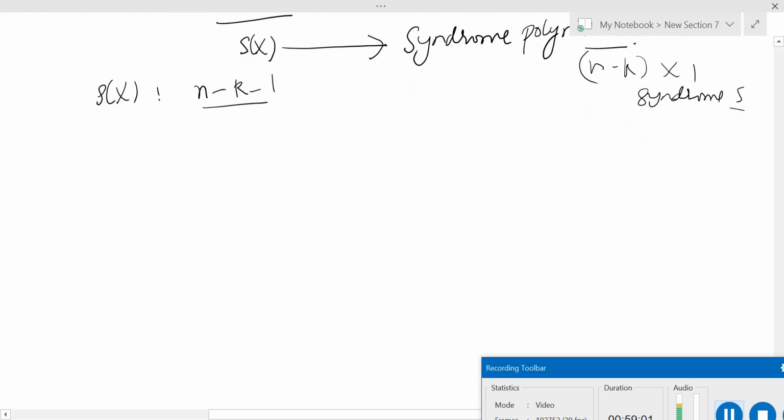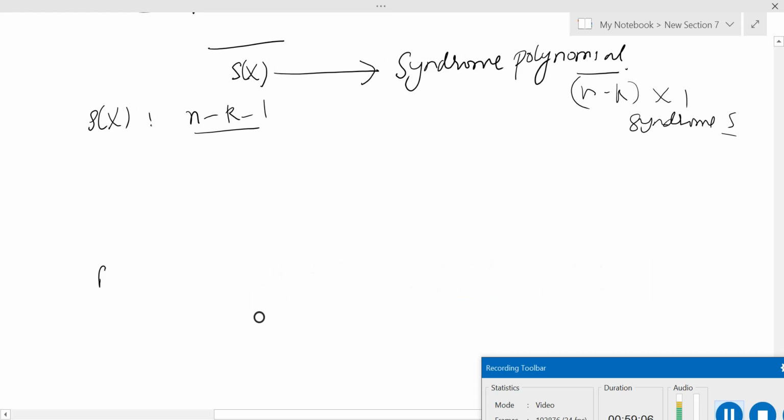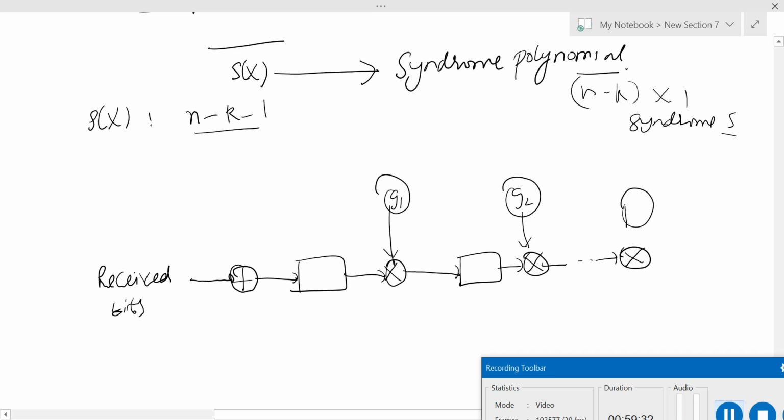Again, we will use flip-flops and XOR gates for it. So here are the received bits. Each degree shift is realized by a flip-flop, and this will be G1, this will be G2, up to G n minus k minus 1.